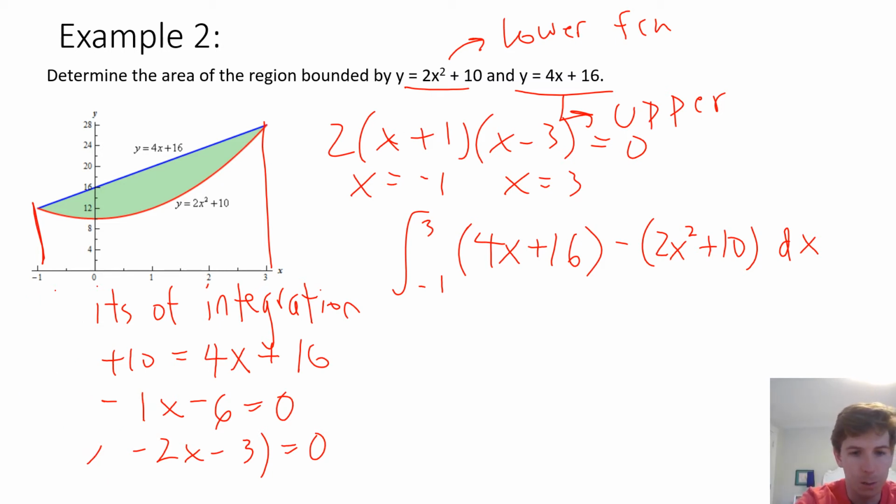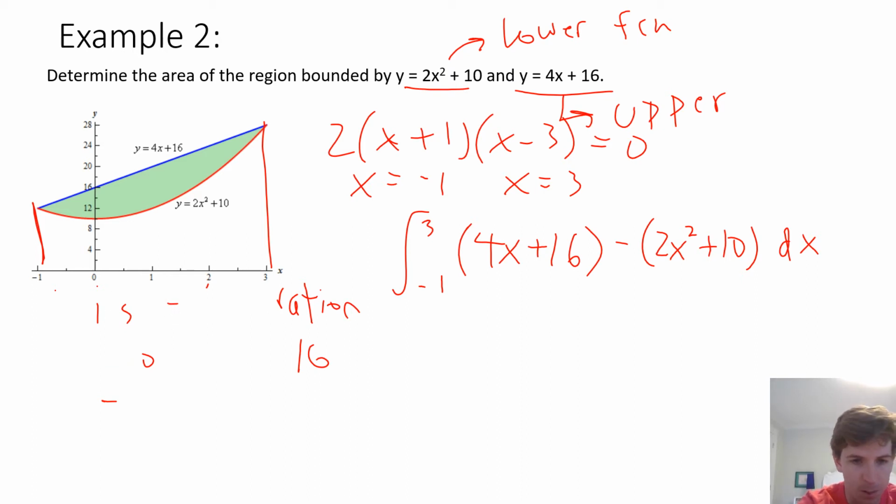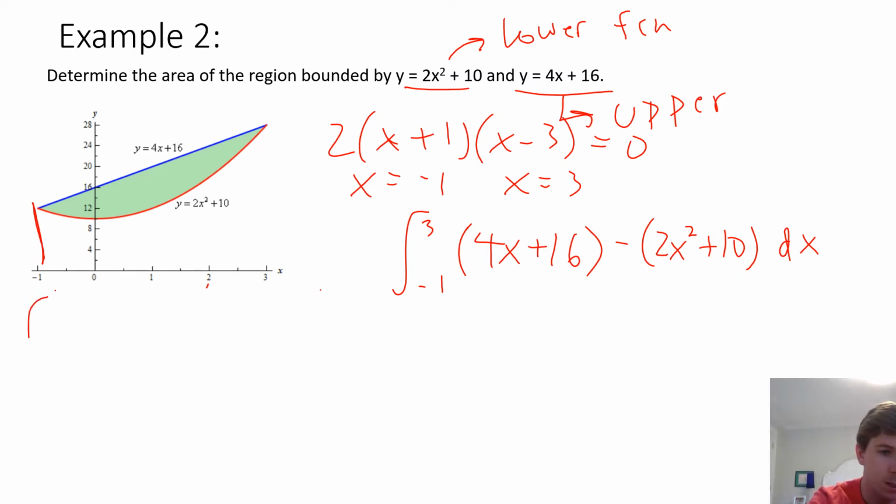All right, I'm going to do some cleanup here, simplifying what I have inside the integral before I start integrating. It can save you some effort. So, the simplified integral: I'll still have 4x, and then minus 2x squared, and then 16 minus 10 is plus 6.